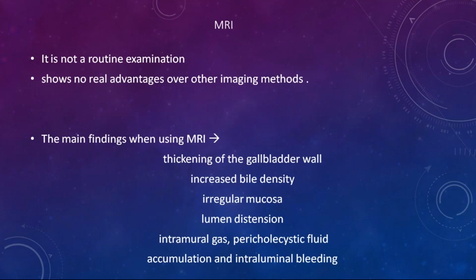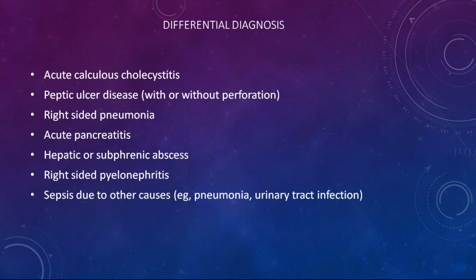An MRI is also good enough for the diagnosis, and it also gives you the same picture of thickened gallbladder wall and irregular mucosa, lumen distension, intramural gas, etc. The differential diagnoses: for acalculous cholecystitis, the most common DD is acute calculous cholecystitis.